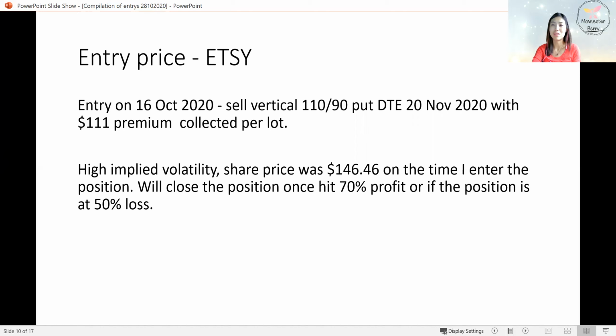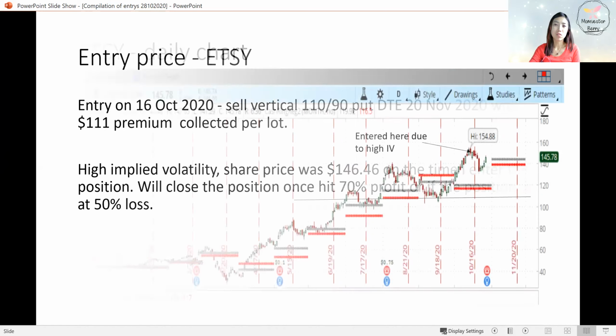That's how I usually trade options. But if the share price plunges because of this presidential election, I may need to cut loss at 50% loss. Let's see how it goes, right?